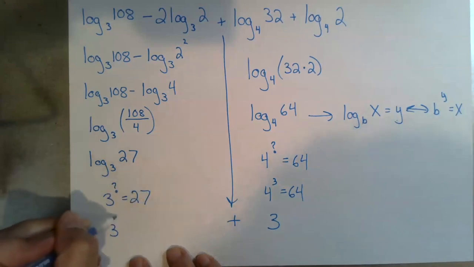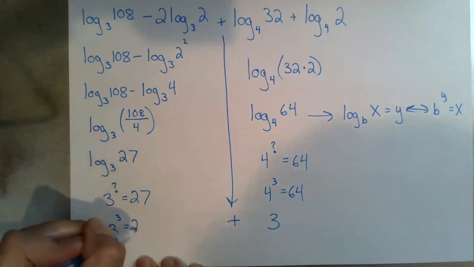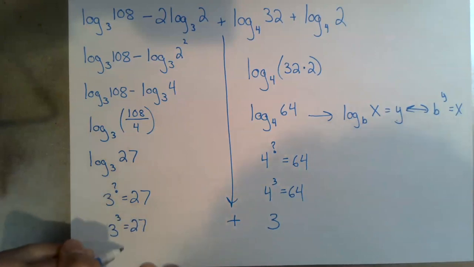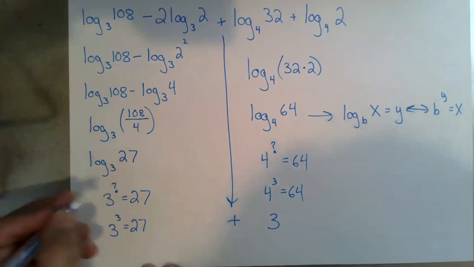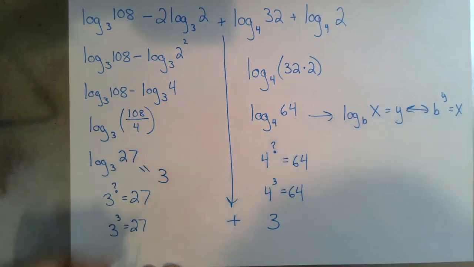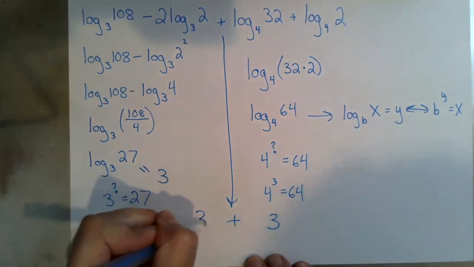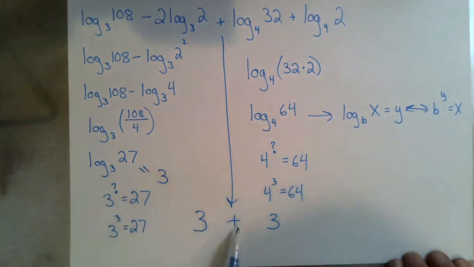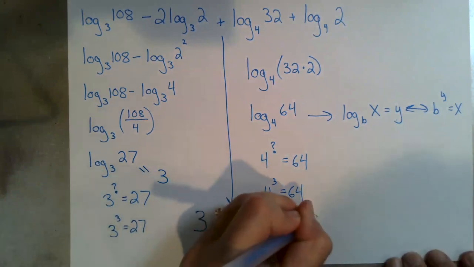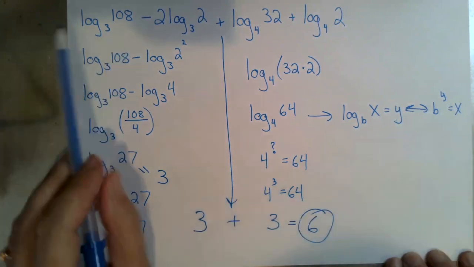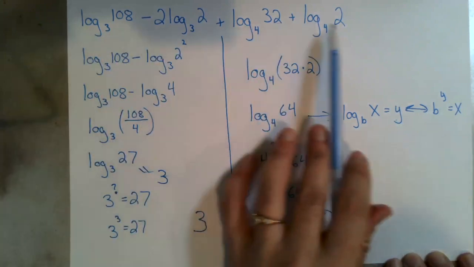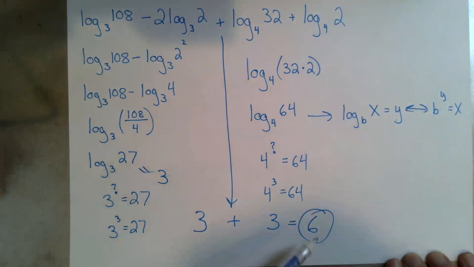The answer to that is 3 to the 3 equals 27, which means, once again, log base 3 of 27 just equals 3. And so finally, 3 plus 3, this whole statement equals 6.